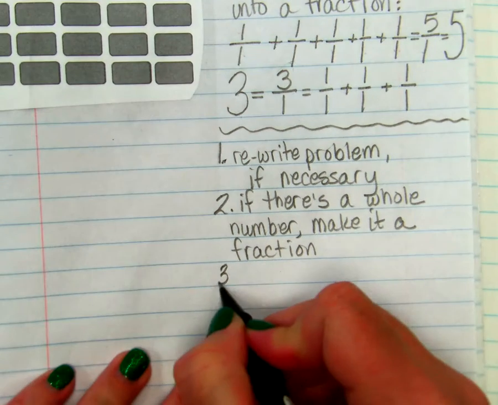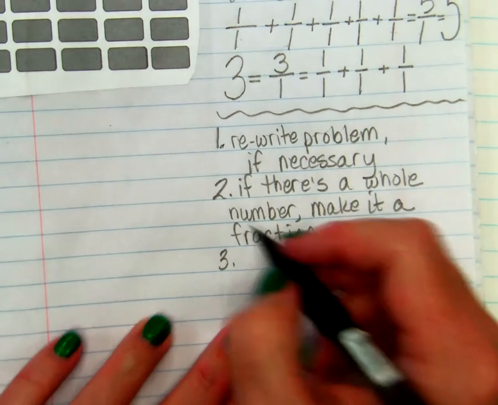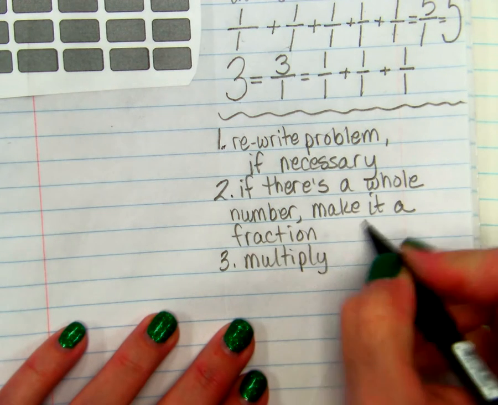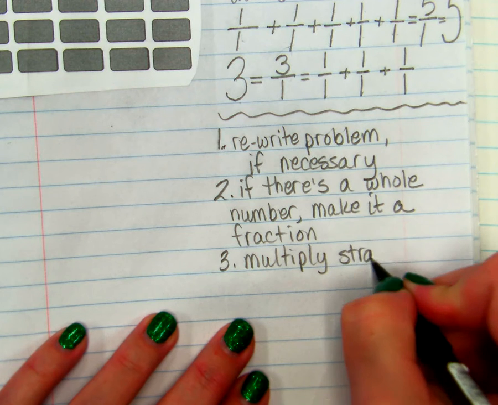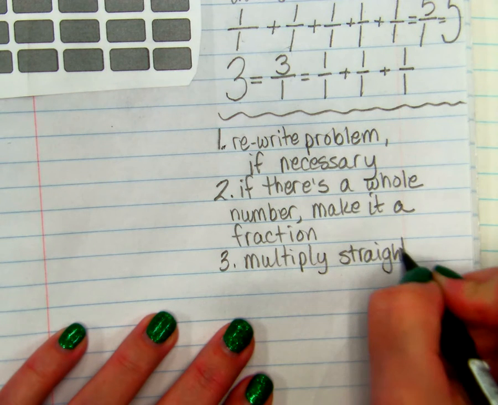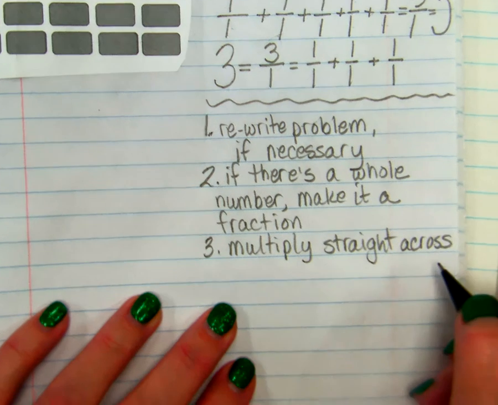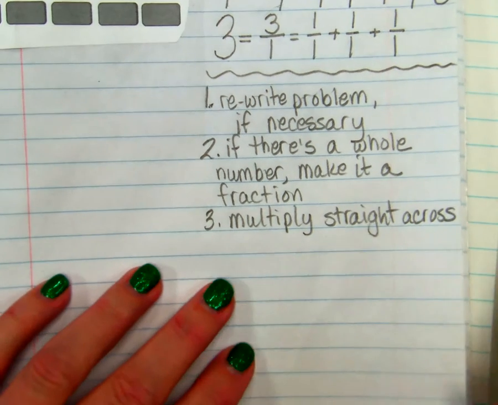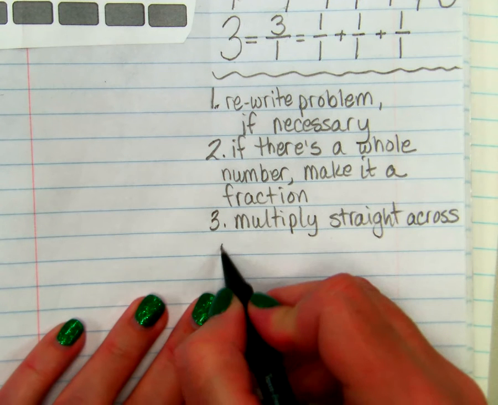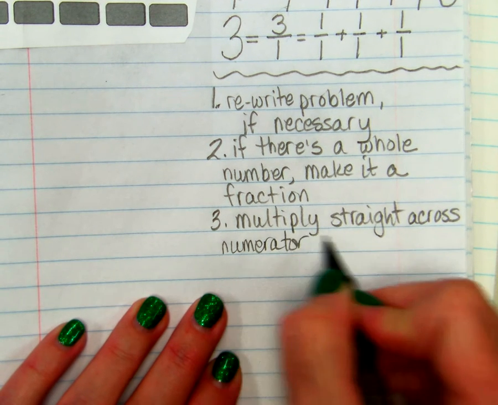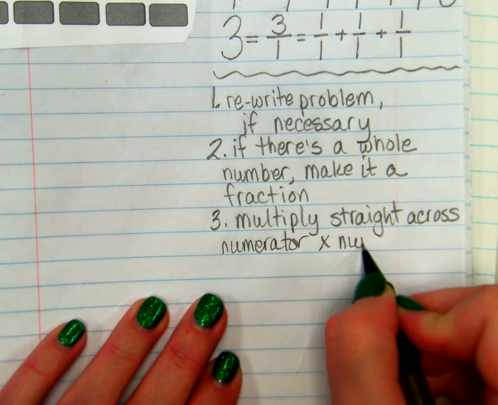Okay, step 3. We multiply straight across. And this is why I love multiplying fractions. It's just that easy. We have a numerator times a numerator.